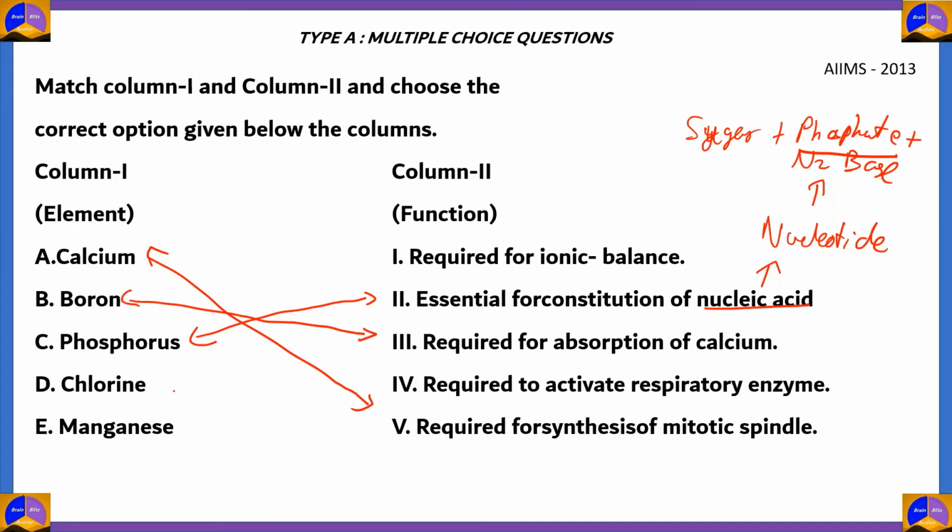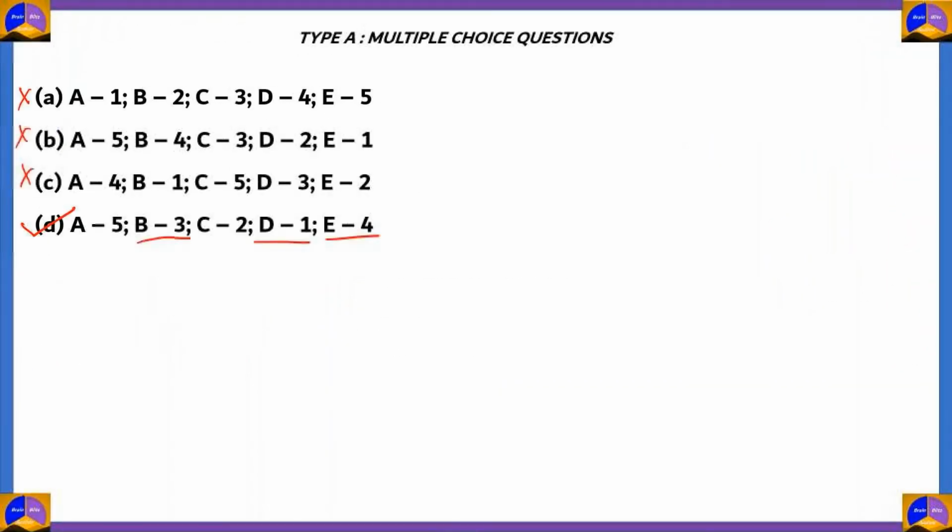And chlorine, required for ionic balance, which is correct. And manganese, which is required to activate the respiratory enzyme, that is also correct. So that makes option D the right option, and we found that out by just a simple match. One match of C with 2 gave us the complete answer.